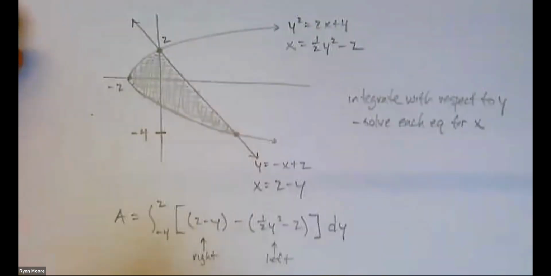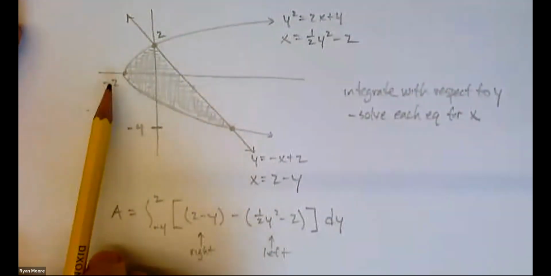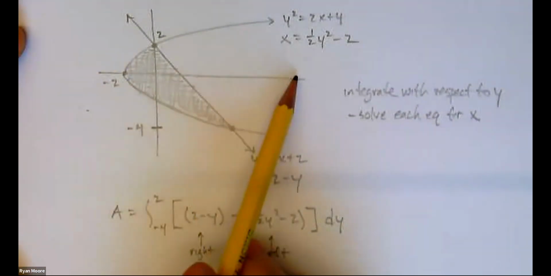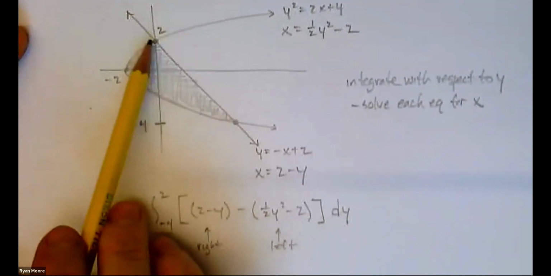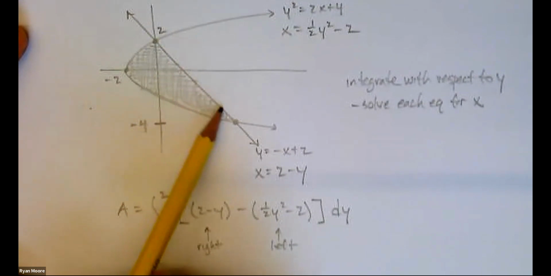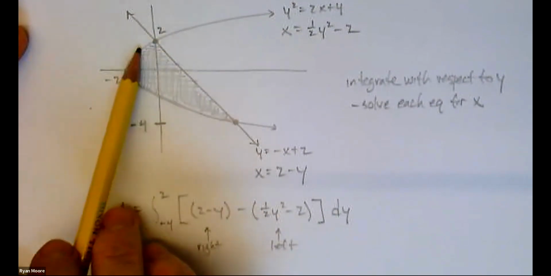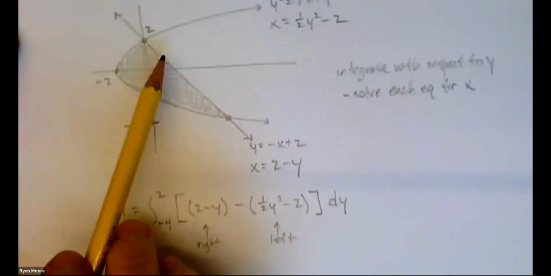Why is it right minus left? Well, because if we think about switching the axes, these are the more positive, these are the more negative. So these are the ones on top. This is what's on top, the higher values. These are the lower values. So again, switching it this way, top minus bottom.